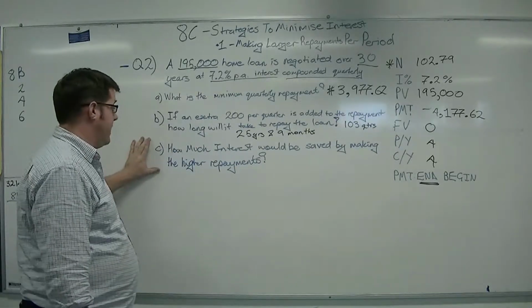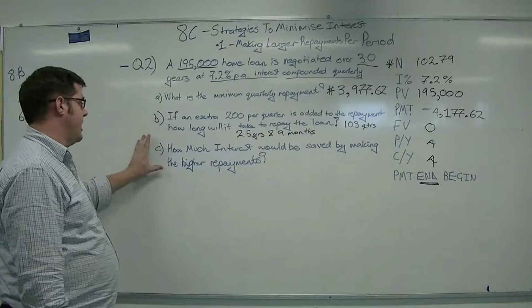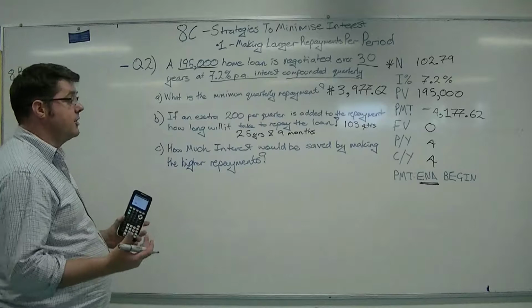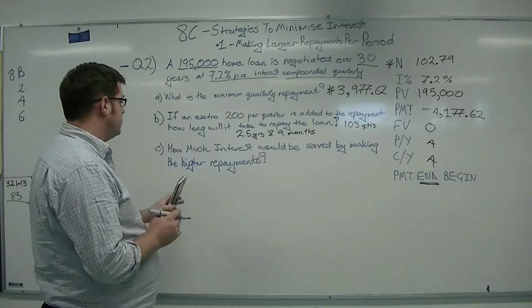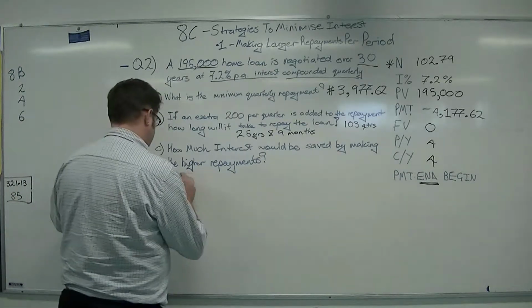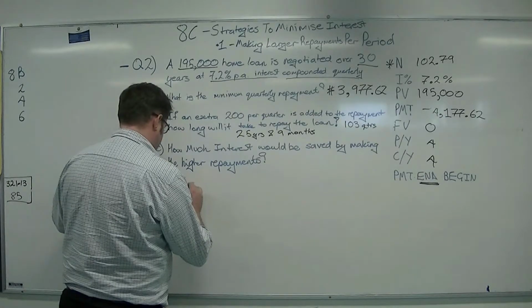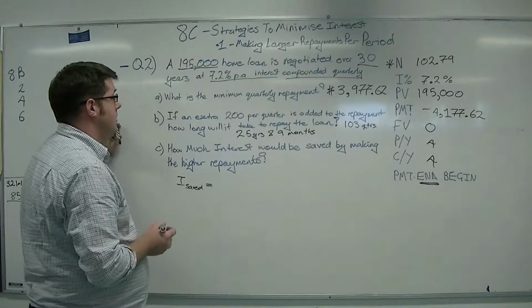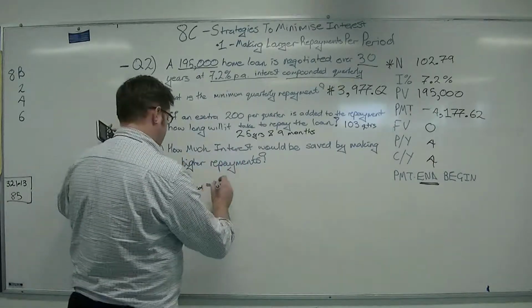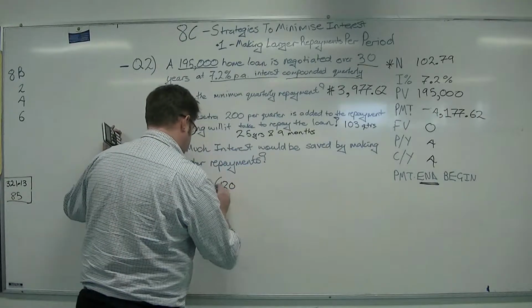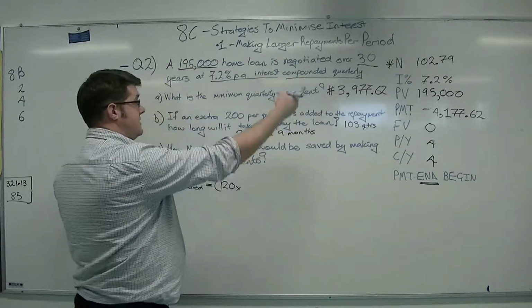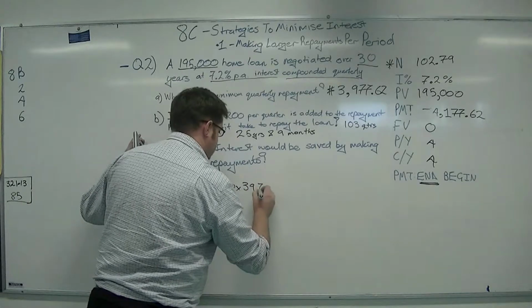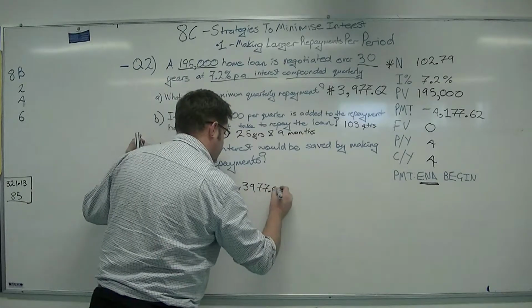The last question we're asked, part C, is how much interest would be saved by making higher repayments? The way we'd go about solving this is: interest saved equals the total amount of periods that we started with, so that's 120 times whatever we started paying, 3977.62.